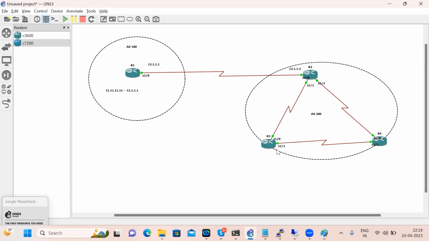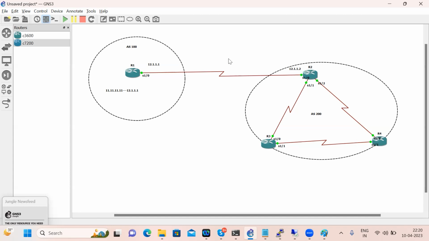Sir, even in EBGP, in production networks, would they use loopback or physical? Physical. If you have a resource to create a loopback, you can create an EBGP neighborship based on loopback also.